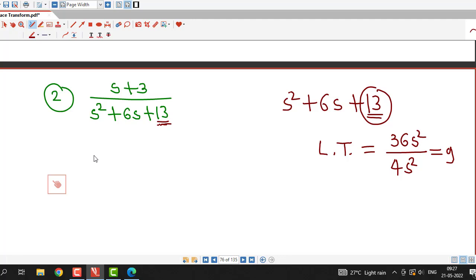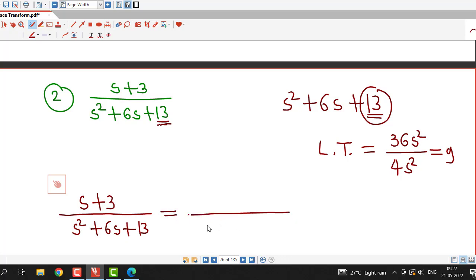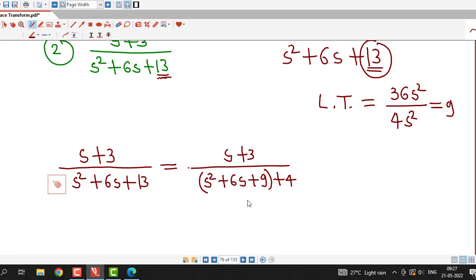So first we write this as s plus 3 divided by s square plus 6s plus 13. I write here s square plus 6s. I require the last term to be 9, so I write 13 as 9 plus 4, and this is s plus 3.